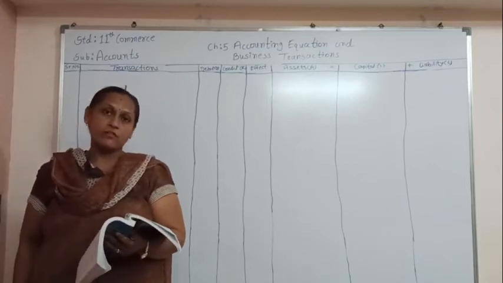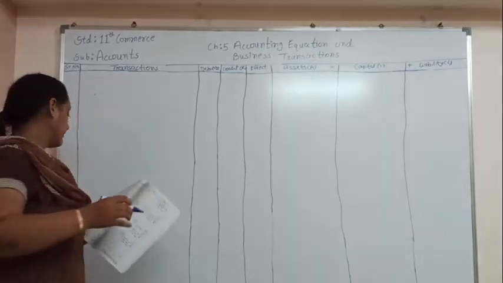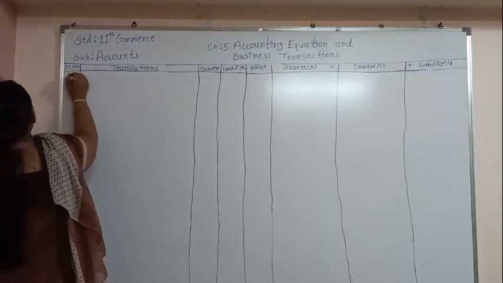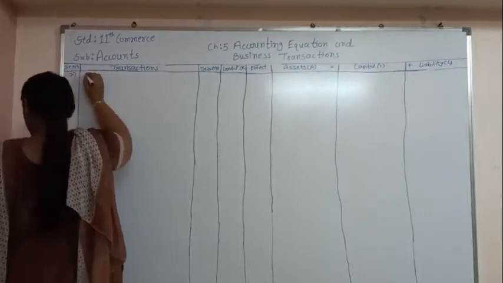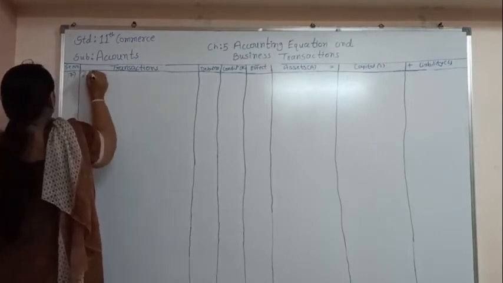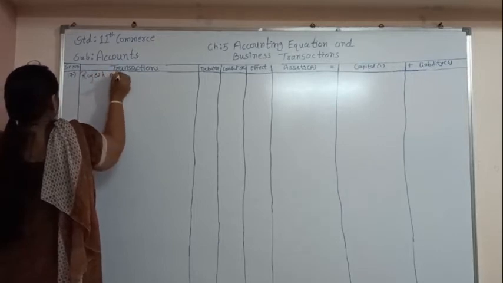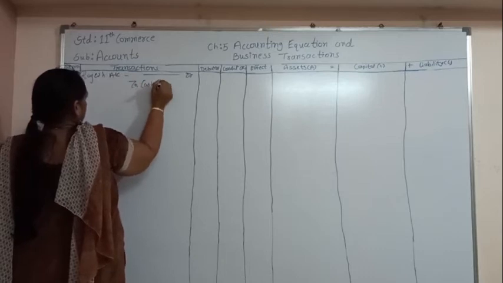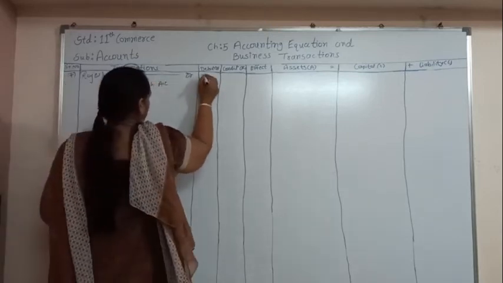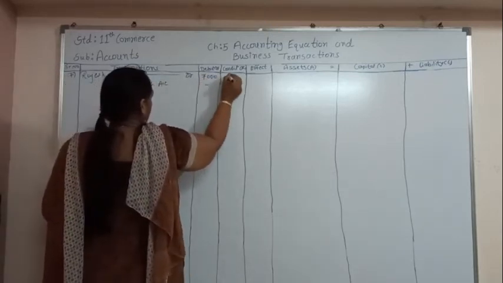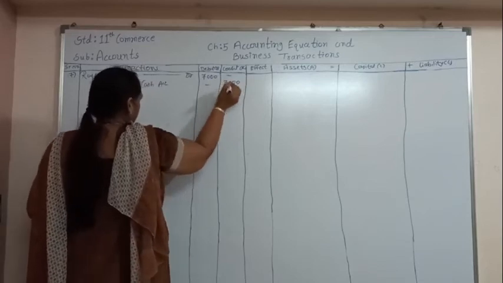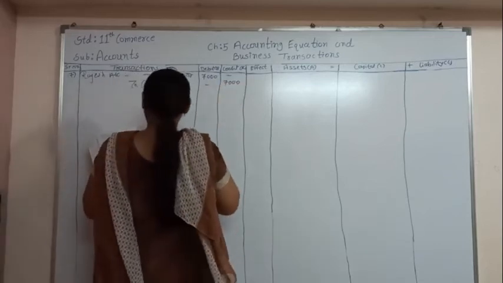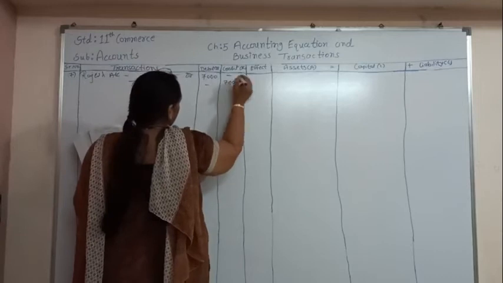That journal entry we are going to pass. Here we are supposed to pay him 7,000, which we already paid, and for that cash is going to be decreased and liability is also going to be decreased.